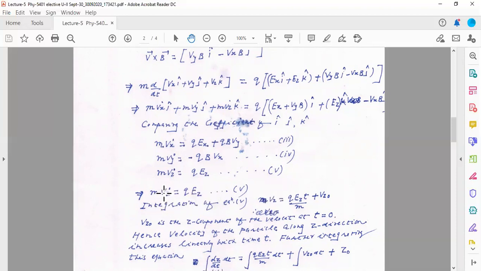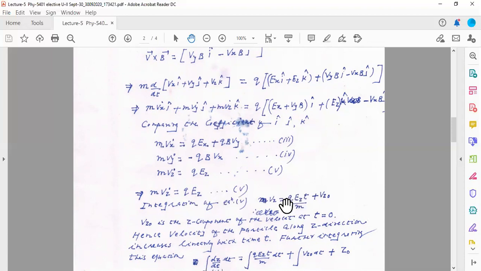Integrating with respect to t, we get Vz equals qEz t divided by m, and we have to write a constant of integration, that is Vz0. This is a very simple step and you can work it out. I have already explained this in my previous class also, so I am taking this step directly.